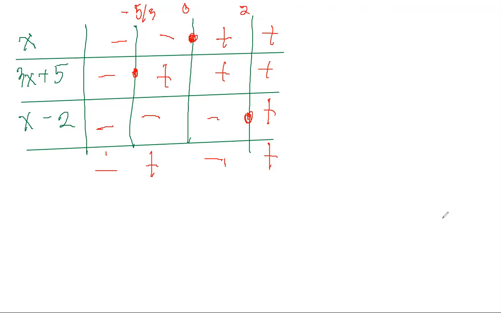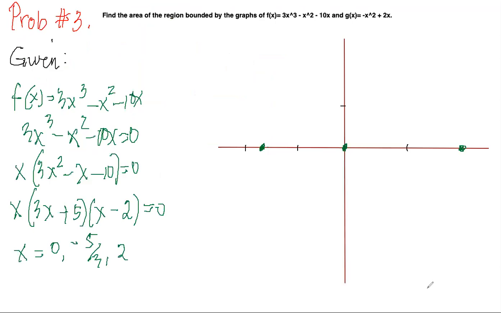So let's go back to the coordinate plane. We have negative, positive, negative, positive. That's the trend. So this is 0, this is 2, and negative 5/3. Let's label.